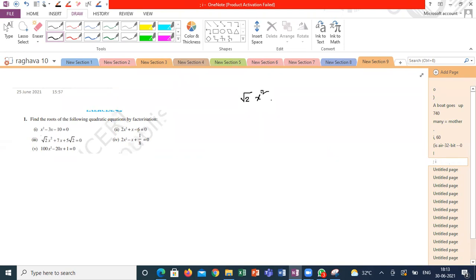Sir, the sum should be 7x and the product should be 10x square, sir. Sum should be plus 7x. Product should be 10x square, root 2x square into 5 root 2, this is 10x square. So what is the split up?